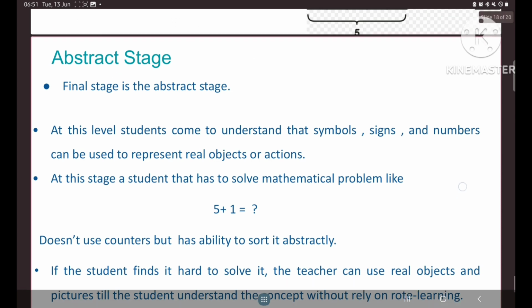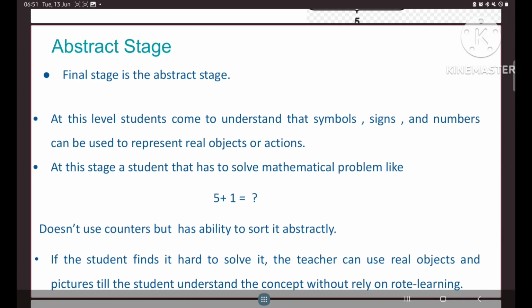Abstract stage. The final stage is the abstract stage. At this level, students come to understand that symbols, signs, and numbers can be used to represent real objects or actions. At this stage, a student who has to solve mathematical problems like 5 plus 1 does not use counters or abacus, but has the ability to solve it abstractly.